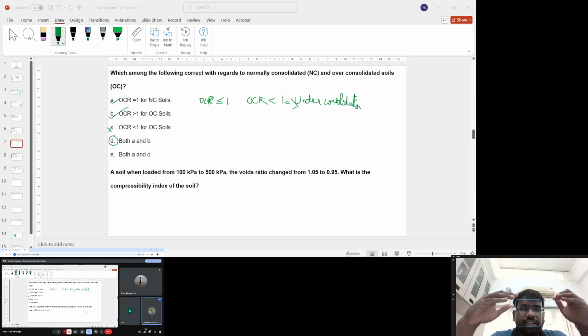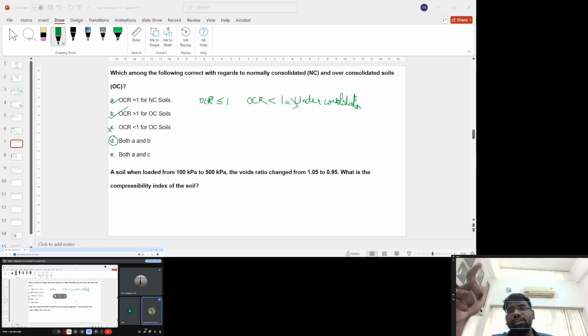Because the analysis eventually divides the soil into two types, NC and OC. But as far as terminology is considered, we are introducing one extra term. So that is where this confusion arises.